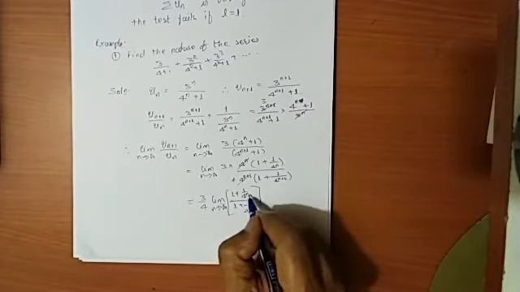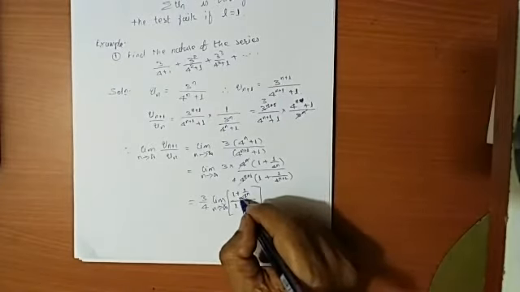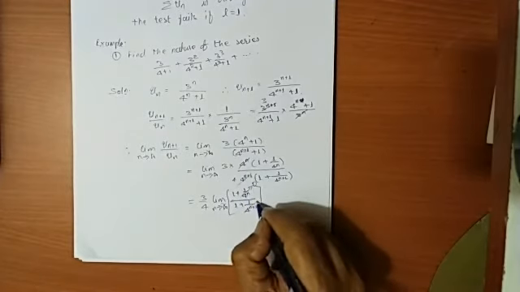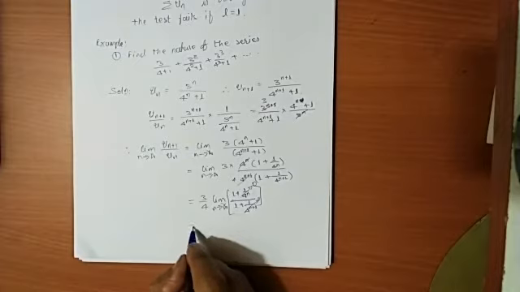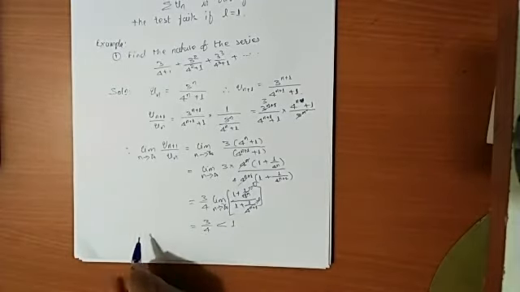Certainly 4 raised to n tends to infinity, so 1 by infinity gives me 0. Similarly, this gives me 0. So I am getting 3 by 4, which is less than 1.